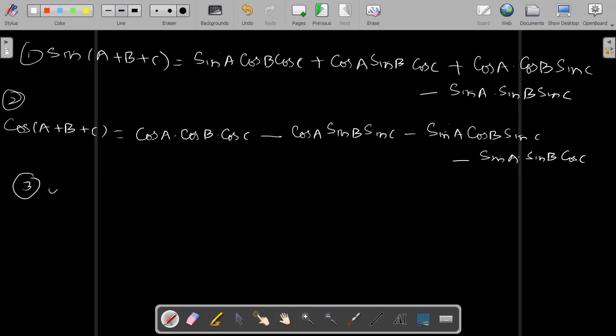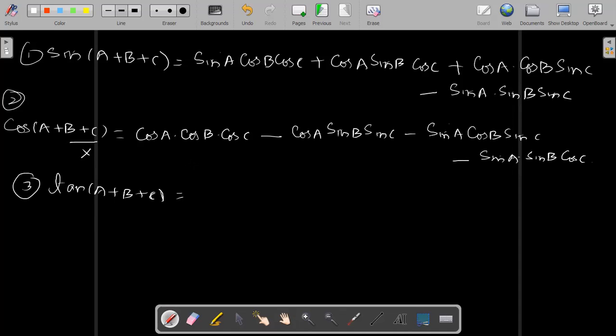That's it. So tan(A+B+C), because it can be reduced: tan(A+B), because B plus C can be taken as any other number x, and then you can use the A plus B formula again. So that's why it can be solved that way also.